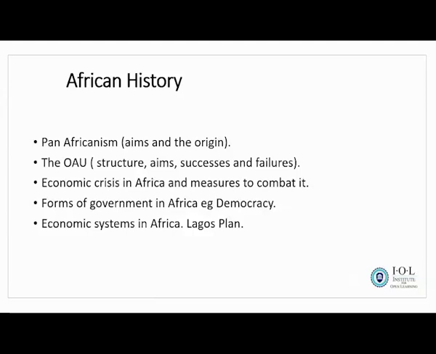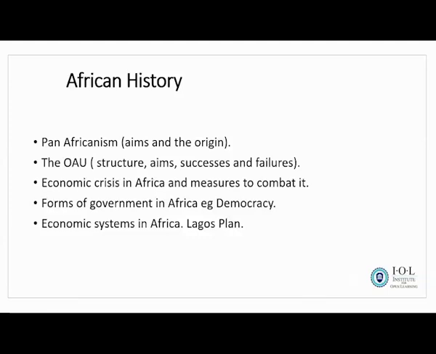You should know the OAU, the Organization of African Unity, by knowing what it is made up of. That is knowing the structure, the bodies that made up this OAU. You should know the aims of the OAU. Why was it established? You should be able to name and explain those aims, and also know the successes and the failures.